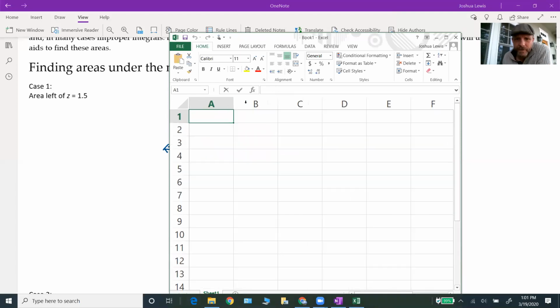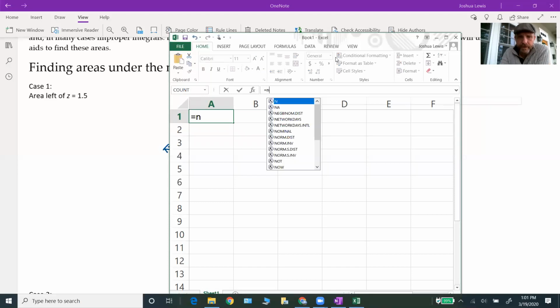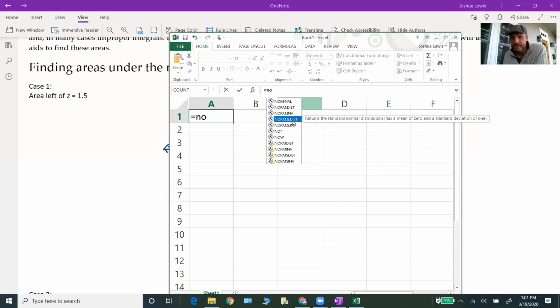So again, I'm going to come up here to this command box. I'm going to say equals, and then normal, so normal distribution right here. And I actually have a choice. I've got the norm.dist or I have norm.s.dist. So if I'm using z-scores here, I could default to this one.